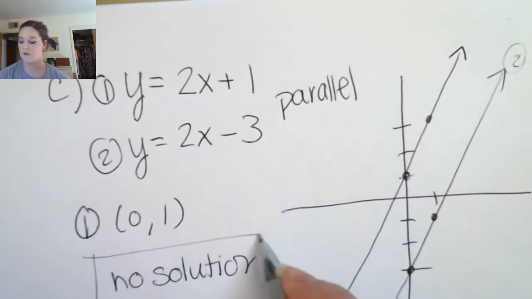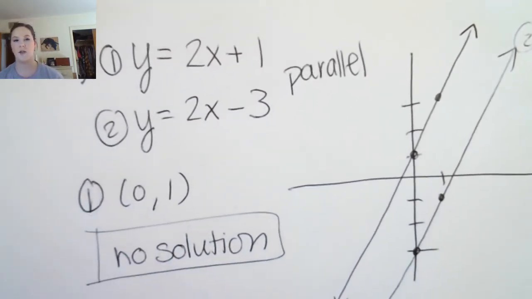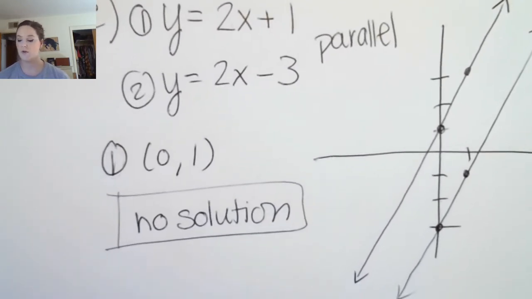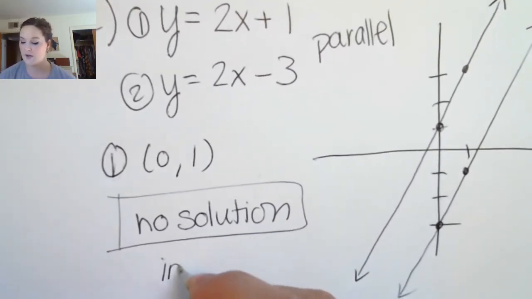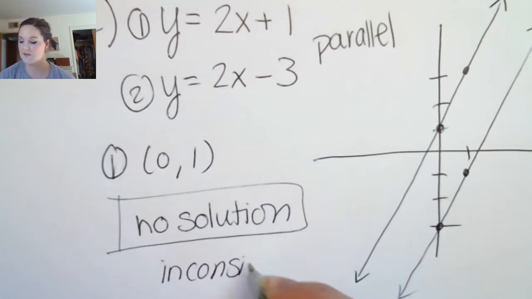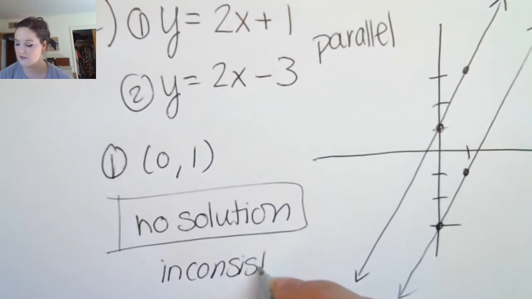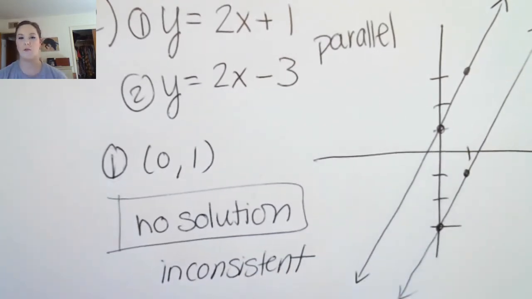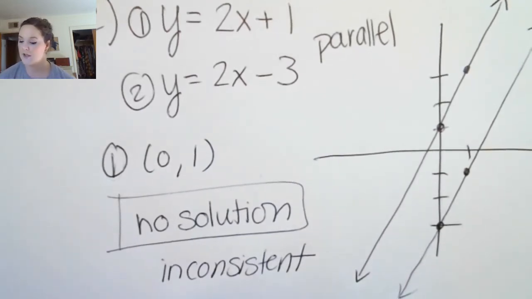So this is our answer. And just to practice our vocab, no solution means that this is an inconsistent system. But because the lines are independent of one another, they're separate from one another, it is still an independent system.